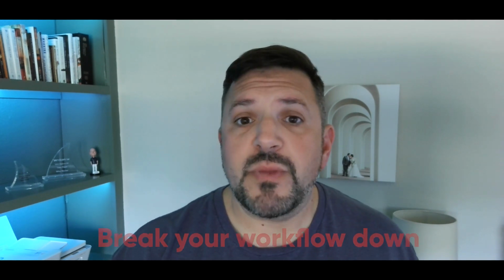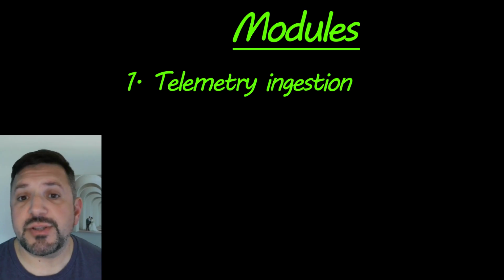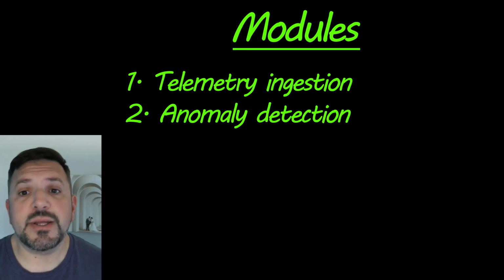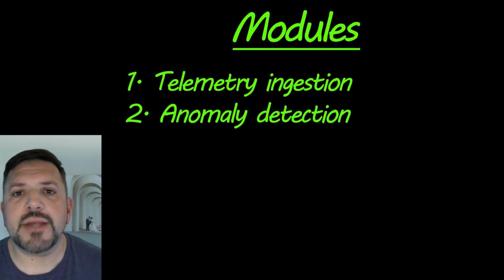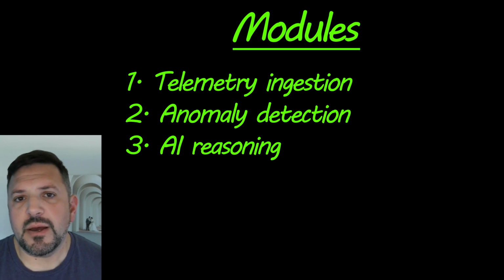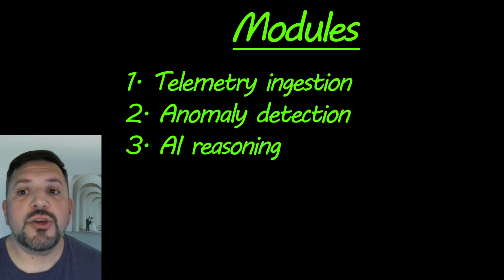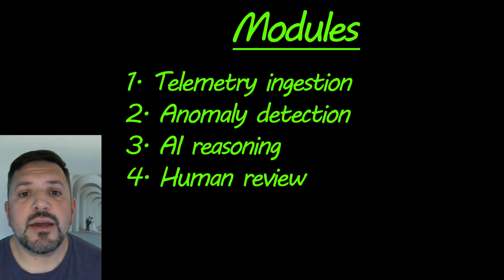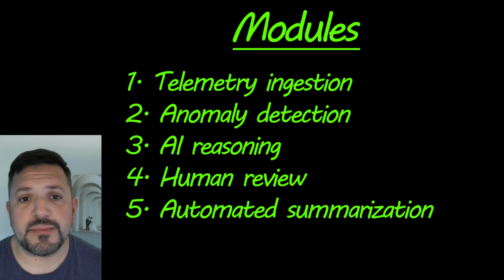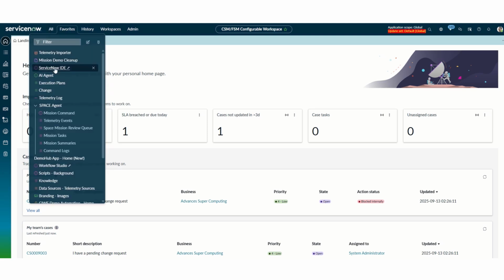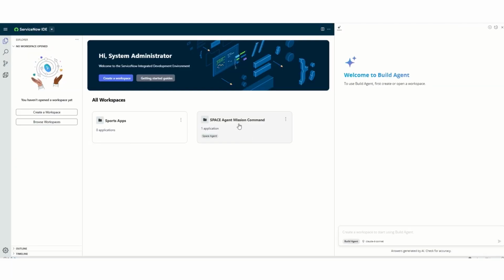And we mapped out a realistic space ops workflow inside of ServiceNow and broke it into modules. First, the telemetry ingestion, then the anomaly detection. Then we looked at AI reasoning. Then we moved on to human review. And finally, automated summarization.